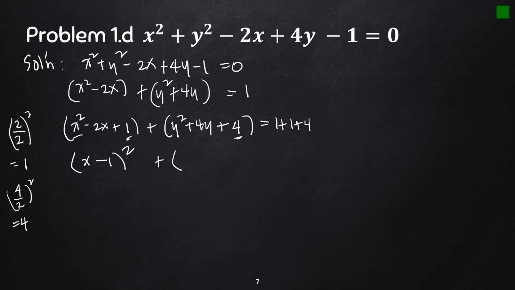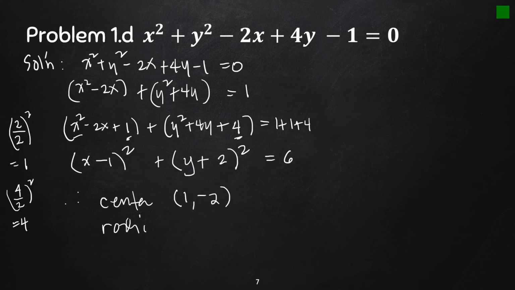The same thing for y: the square root of y² is y, the square root of 4 is 2, you square that, and the sign of the middle term is positive, so that's positive, equal to 6. Therefore, the center of our circle is at (1, −2), and the radius of our circle is the square root of 6.